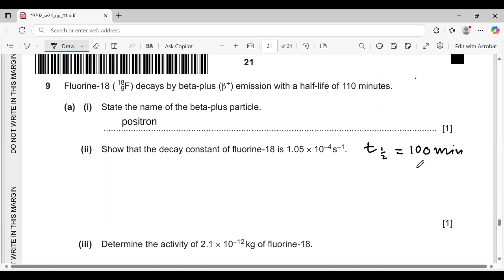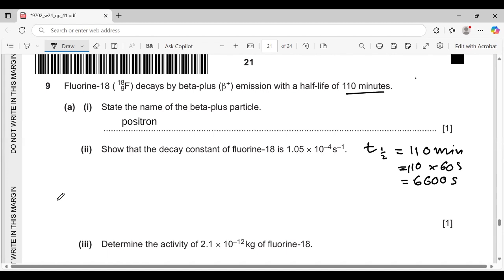If we convert into seconds, it means 110 minutes times 60 equals 6,600 seconds.